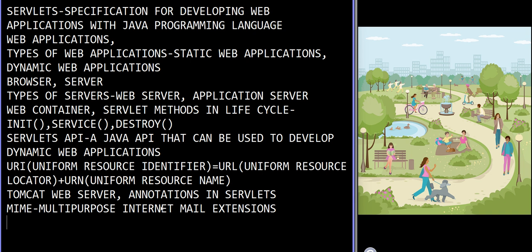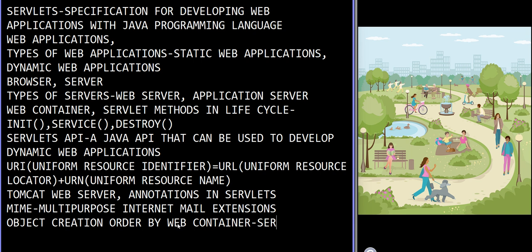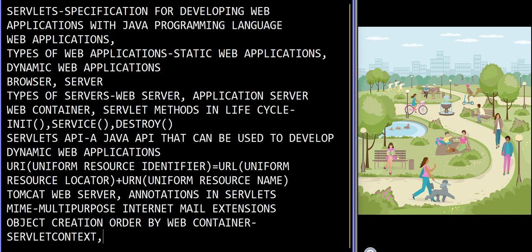Then we have one small topic: the order of object creation by the web container. We have seen about the web container. It creates some objects, and through those only we can work with web applications. First it will create the servlet context.